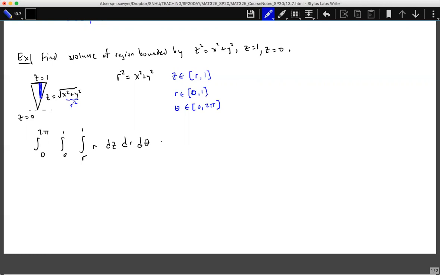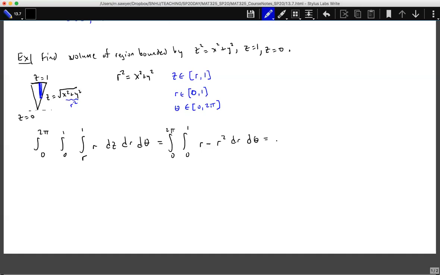We have no density function, so we assume the density is 1. So 0 to 2 pi, 0 to 1 of r minus r squared, dr, d theta.